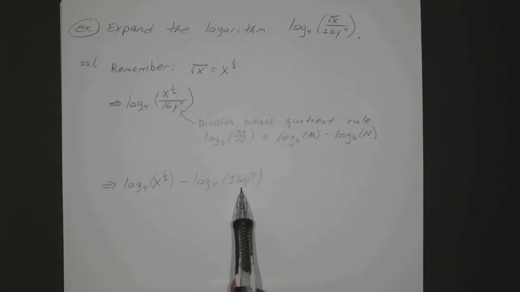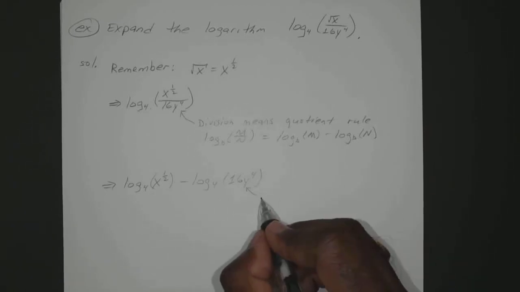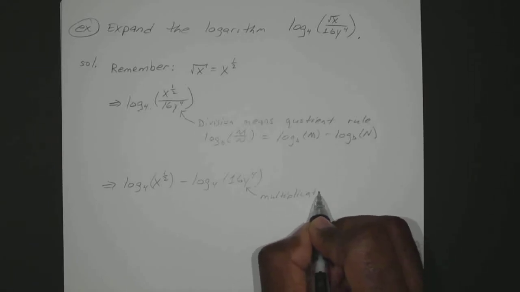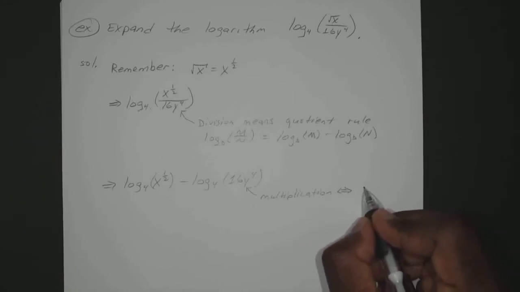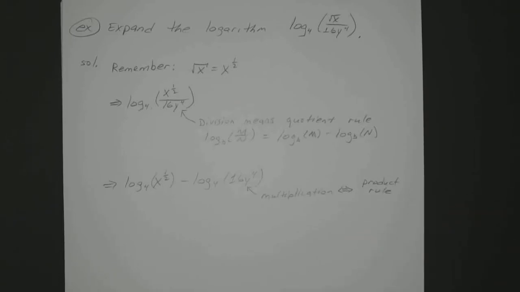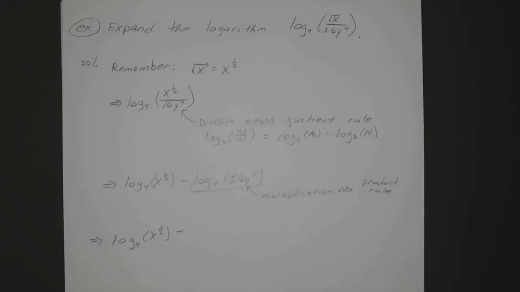But we notice here we still have multiplication in here, and we know that means the product rule. So if we go from log base 4 of x to the 1/2 power minus, remember, this entire thing is going to be subtracted.